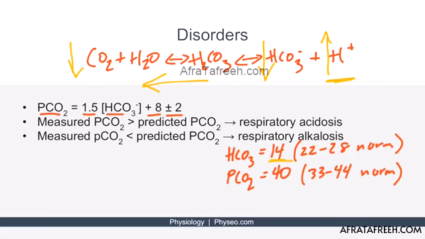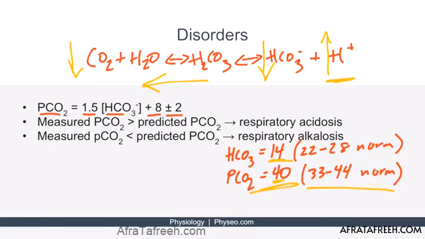So obviously we expect the bicarb to be low in a patient with a metabolic acidosis, but now we need to know if the partial pressure of carbon dioxide is where it should be for this patient. As you can see, the partial pressure of carbon dioxide is 40, which is within the normal reference range.